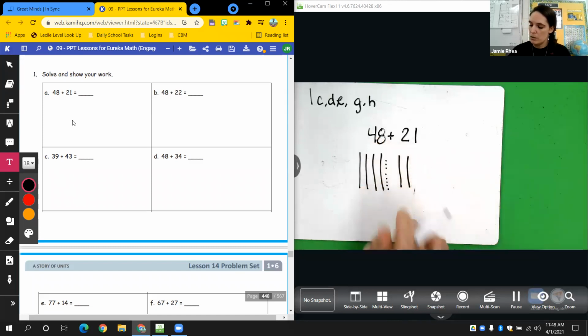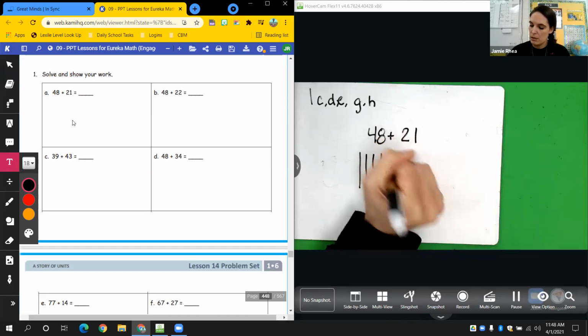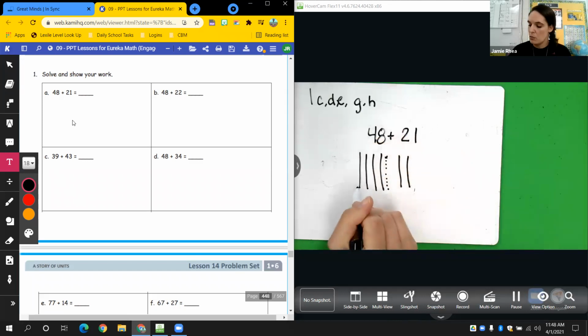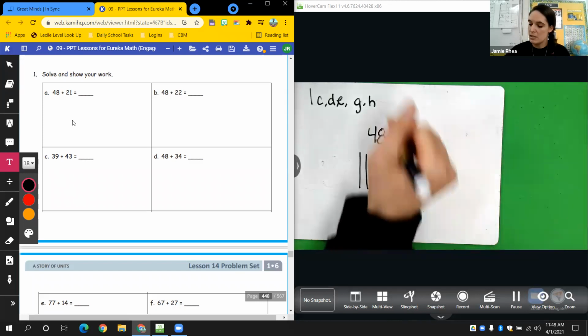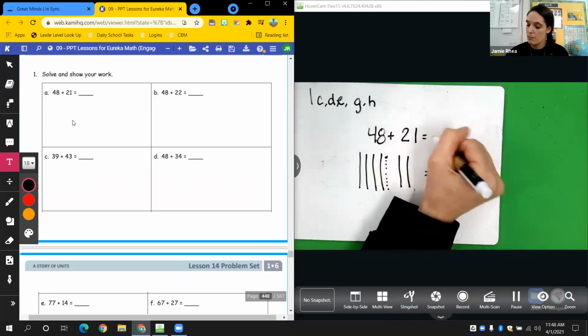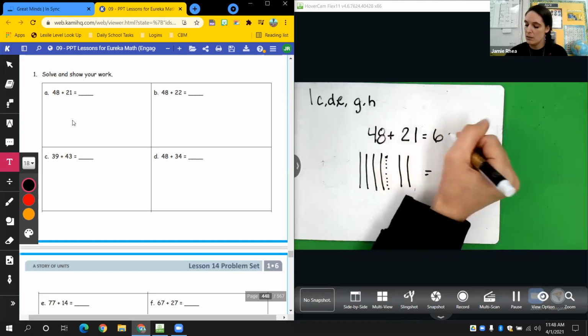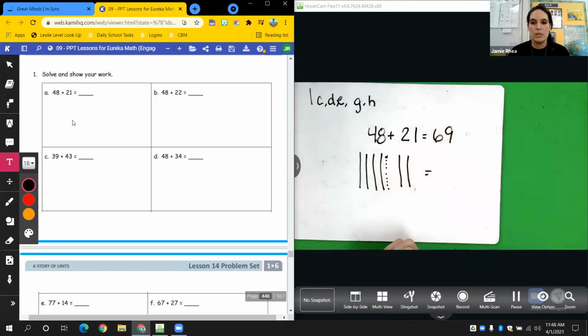Ooh, let's move this 1 over here. That gave me 9. So now 1, 2, 3, 4, 5, 6 tens and 9 ones. Simple, easy, lemon squeezy. You can do that. I got to see this on your work.